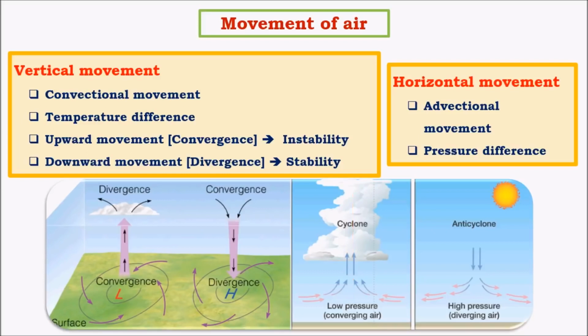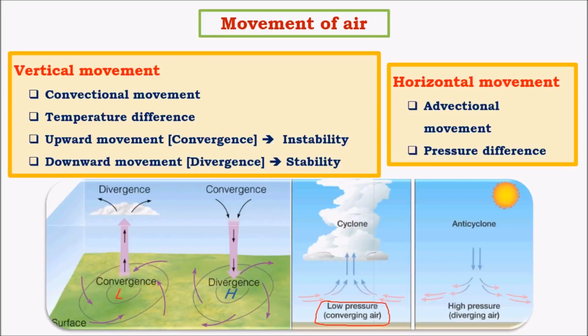So this is nothing but cyclonic condition. It is also called a condition associated with instability. Upward movement is associated with convergence at the bottom level, and this is associated with instability in the atmosphere. So this area at the surface is called a low pressure center.